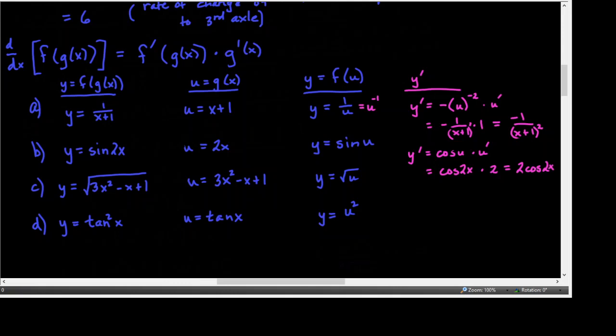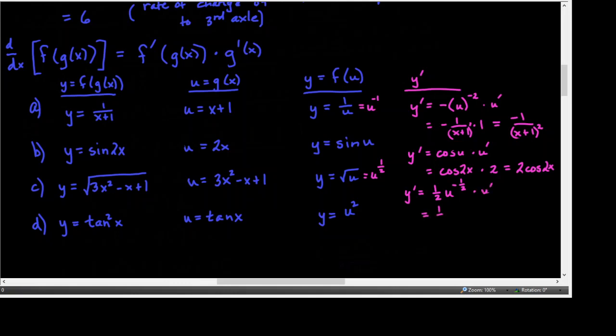Okay, the next one. The derivative of the square root of something is, well, let me write this over here. We'd want to think of that as u to the 1/2. It will be 1/2 times that something to the reduced by 1 power times the derivative of the inside something.